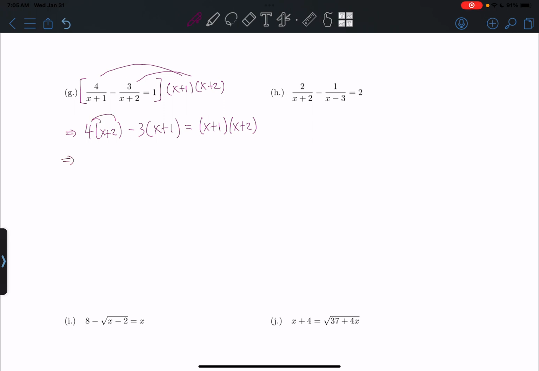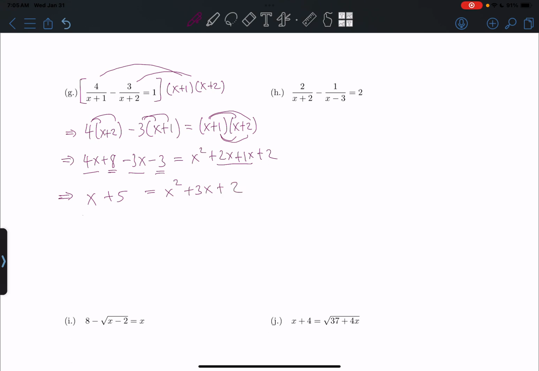Then I can distribute. Same thing here. And then the right hand side I FOIL. Combine like terms. Same thing on the right hand side. Bring everything over to one side, so minus x minus 5.